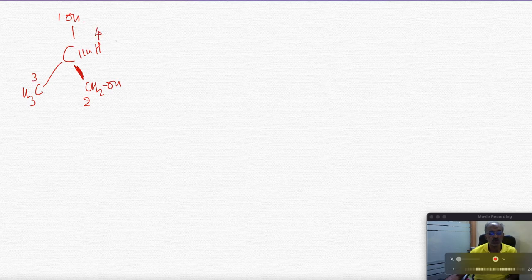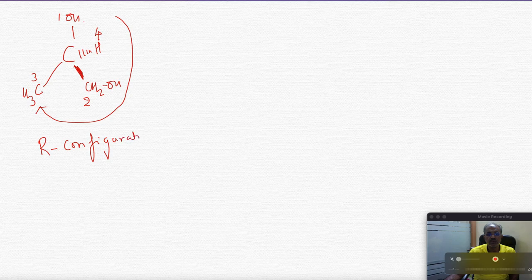So now if for first instance we see 1, 2, 3, that means clockwise, that means by my perception it should be the R configuration, yeah, R isomer, but it will be only and only if the lowest priority group, suppose, is away from me.